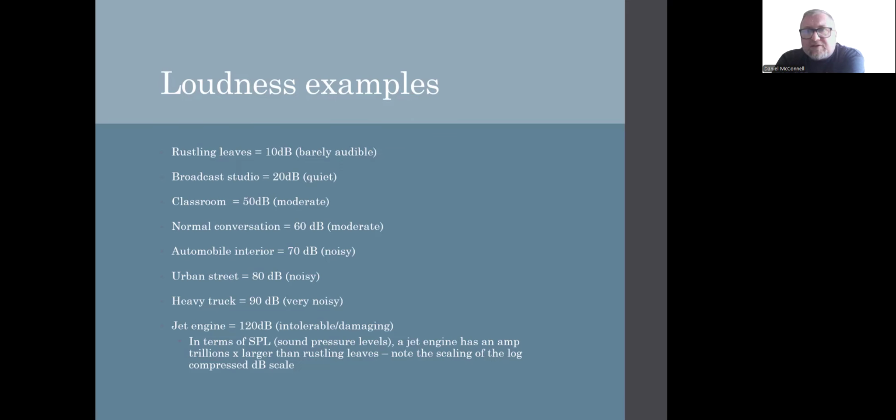So notice a broadcast studio is much quieter than that, at 20 dB. And that's because if you're recording somebody who's going to sing a song and you want to record their voice so that you can make music in this regard, those microphones are very sensitive, and you want to make sure that they only pick up that person who is singing and they don't pick up a lot of background whooshing. So you need to ensure that all of the background noises that would normally occur in a regular room are eliminated.